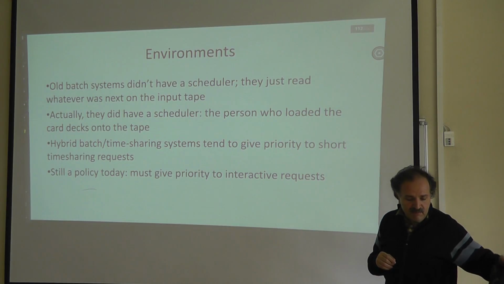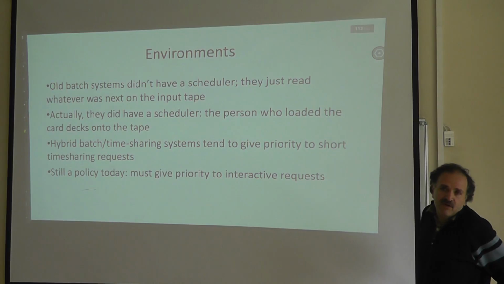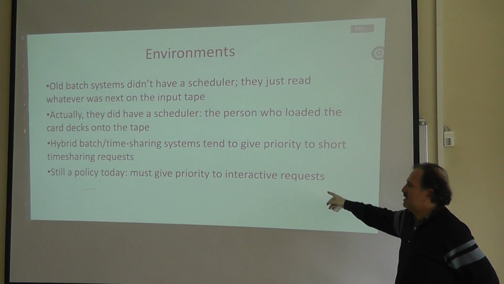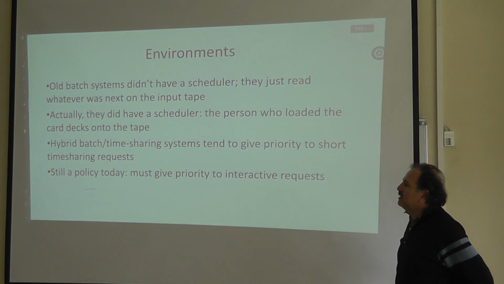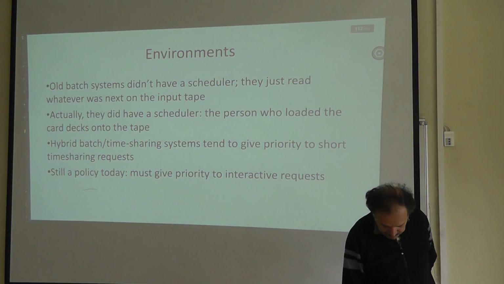I don't expect my backup process to be interactive, because it doesn't need any interaction. So the priority is to the interactive request. Most of the time we will say that our policy is to give priority to the interactive requests.